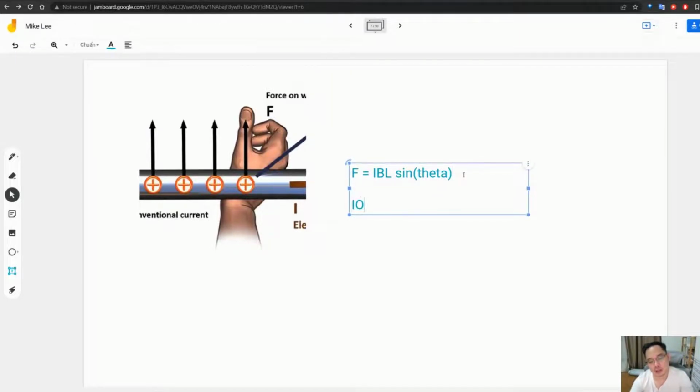B is the field intensity measured in tesla, current is measured in ampere, and L is the length of the wire in the field measured in meters.